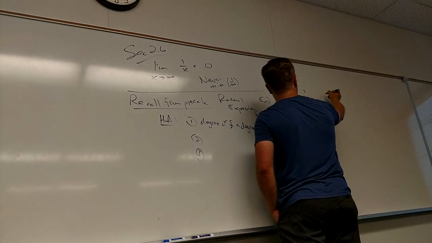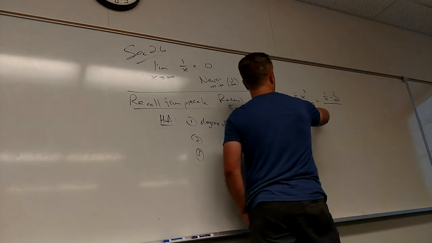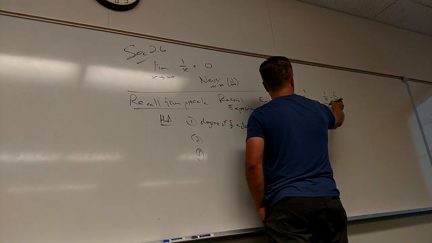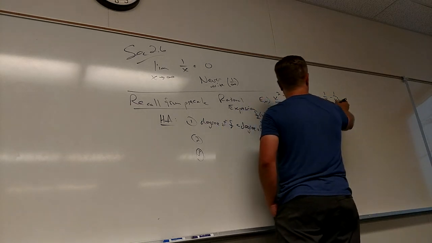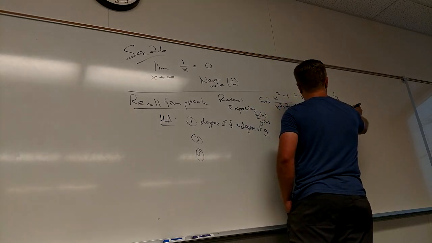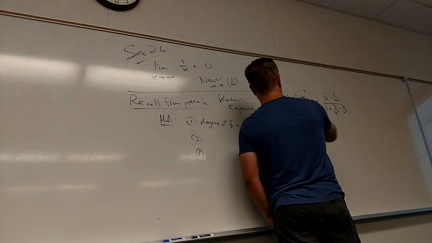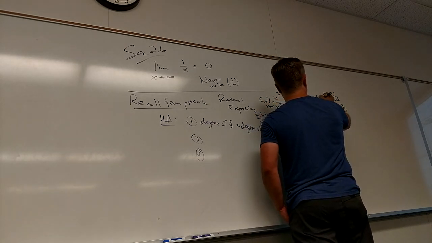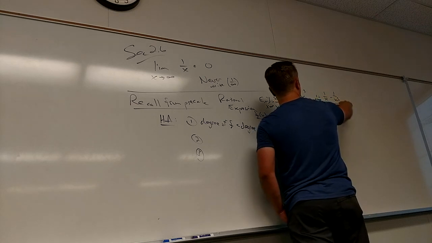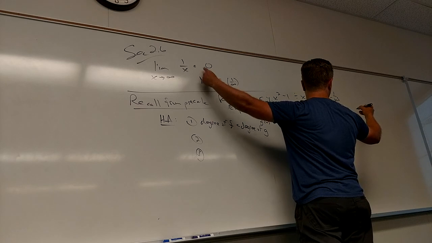One over x minus 1 over x cubed, over 1 plus 7 over x squared minus 2 over x cubed. And of course, the limit as x goes to infinity, what's happening here? All of these go to 0.